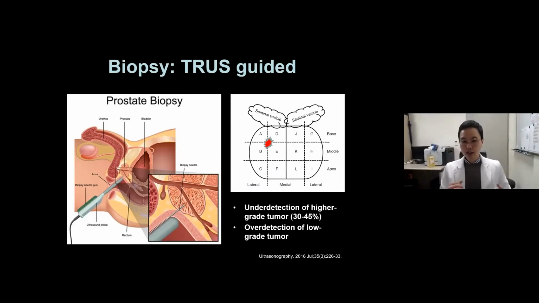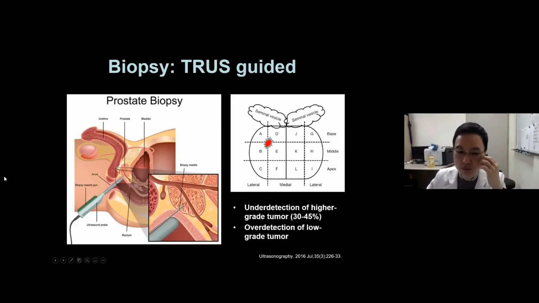So there is a high chance of underdetection, like 30 to 45% if it's high grade. For example, if the lesion is in the anterior part, it is hard to get through by the rectum, so it is hard to do the biopsy in this anterior site.